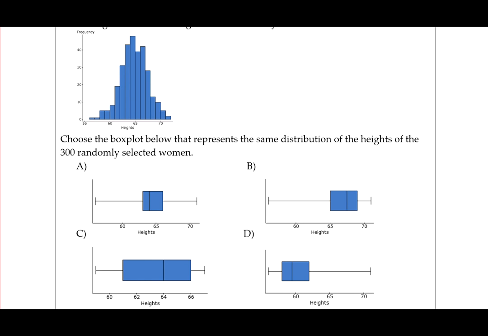Let's look at the horizontal axes of the heights in graphs A and C. Graph A goes down below 60 and goes up above 70. That matches what's in the histogram. But graph C, while it does go below 60, only extends up to about 67. There are definitely data values above 70 in this histogram, and so it can't be graph C, and the correct answer is going to be graph A.